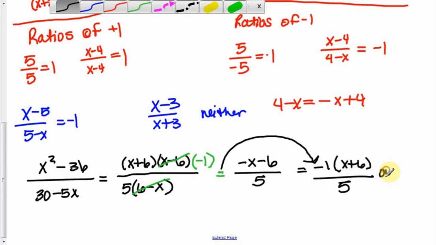Or there's also another form of the answer in which the negative just comes in front of the fraction, and you have x plus 6 over 5. So this answer and this answer are the same thing, where the negative is in front of the fraction. I'd just like for you to be exposed to different ways that answers can be written because you never know what you're going to see.